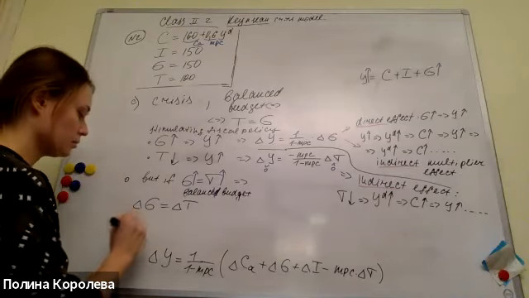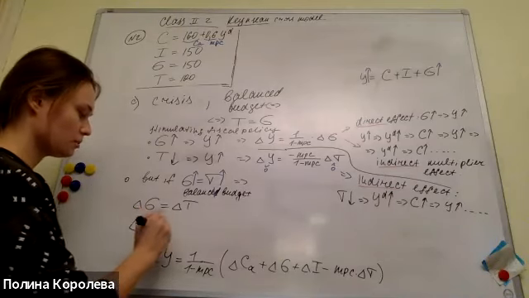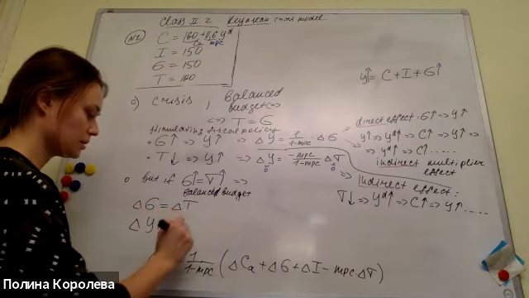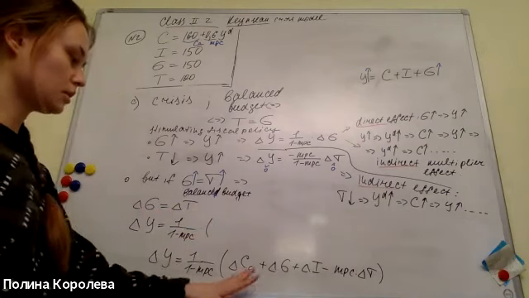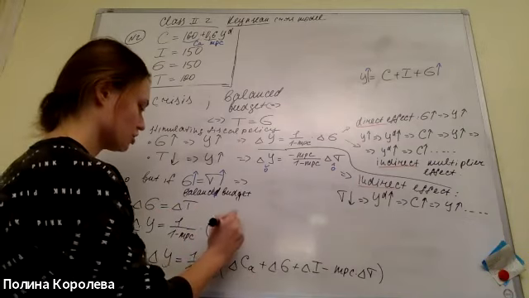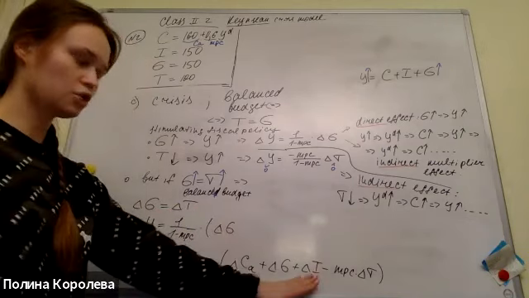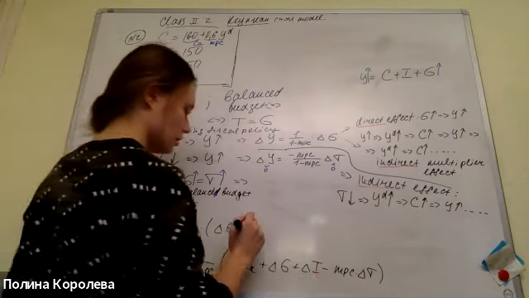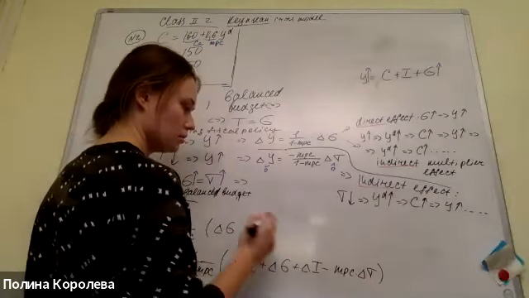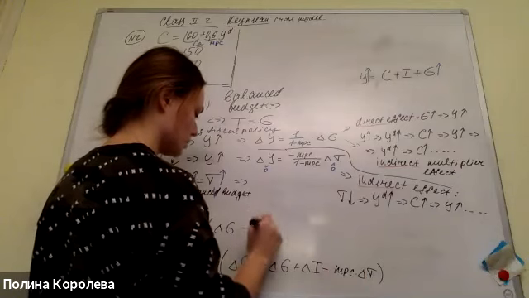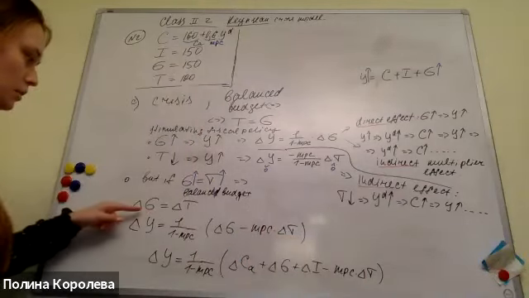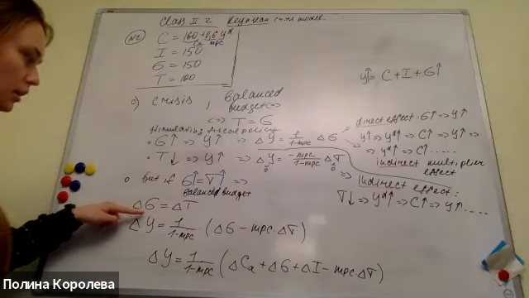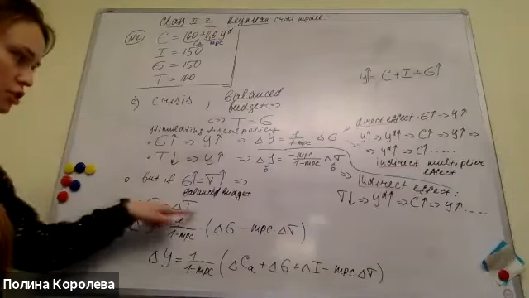What will happen with GDP? Change in GDP, 1 over 1 minus MPC, multiplied by no changes in autonomous consumption. We have change in government spendings, no change in investments, but we have change in taxes, minus MPC multiplied by the change in taxes. But we know that the change in government spending is equal to the change in taxes.